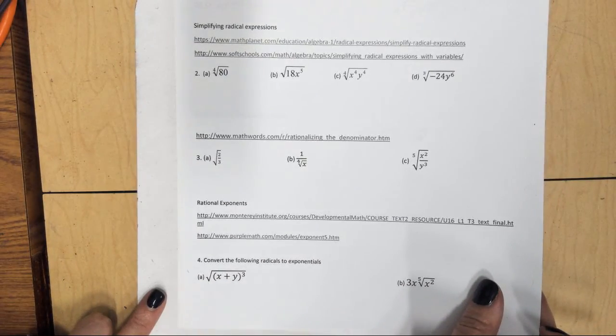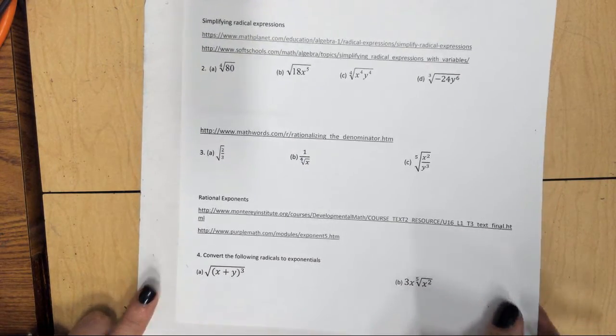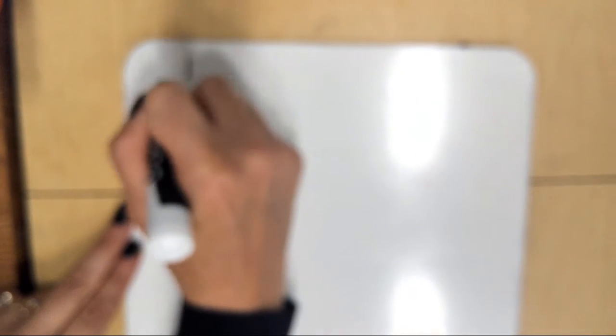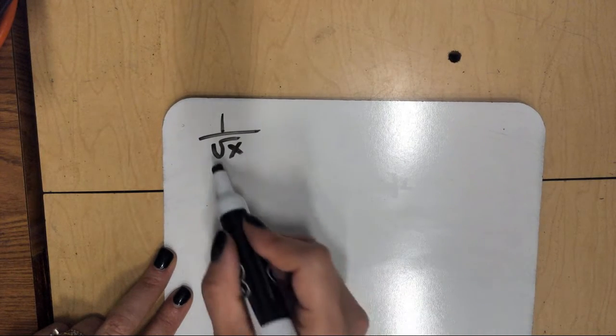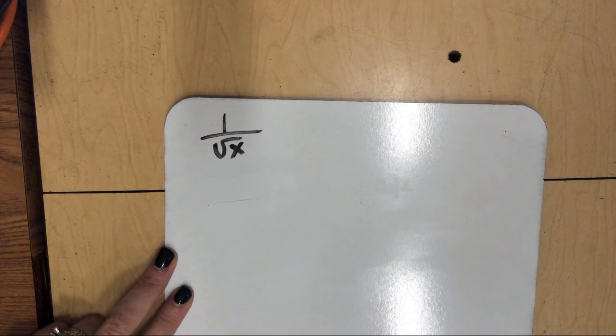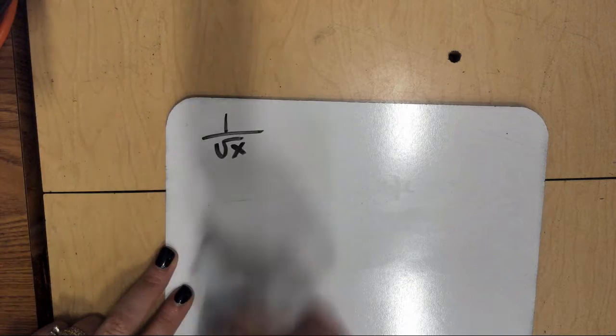Part 3 is all about rationalizing the denominator. So, this can be a little tricky. Last year, you rationalized things such as 1 over radical x. When we talk about rationalizing the denominator, we're talking about getting rid of the radical in the denominator. We just want a variable or a number, no radical.